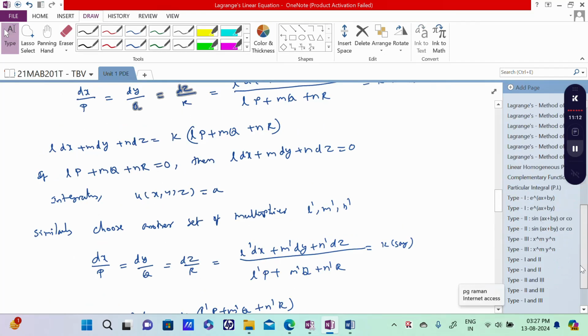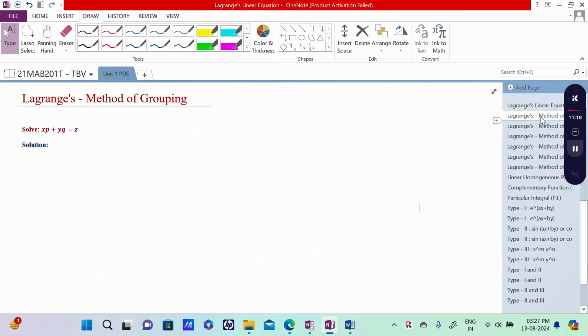Now we are going to discuss one problem, Lagrange's method of grouping. Look at this problem. Solve xp plus yq equals z. First, form the auxiliary equation.